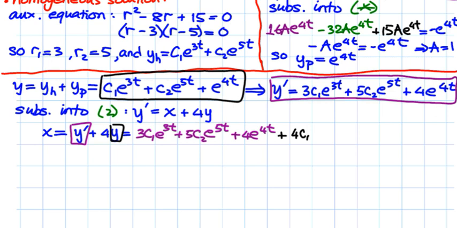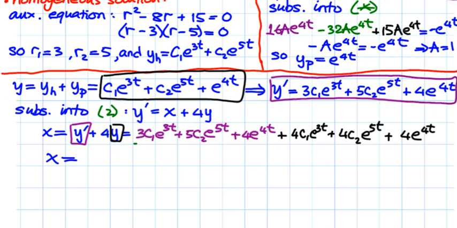And we have 4 times that: 4c1 e to the 3t, 4c2 e to the 5t, and 4 e to the 4t. And simplify this, we will have x equal to, just c1 and c2.